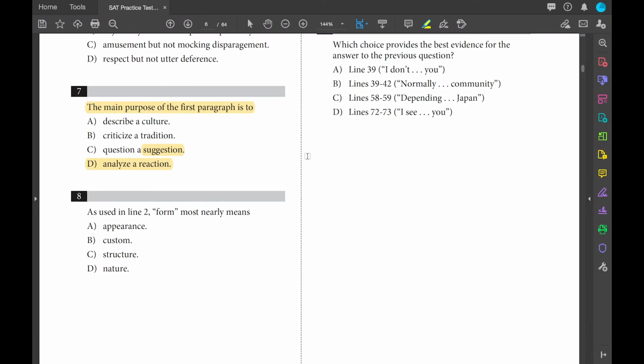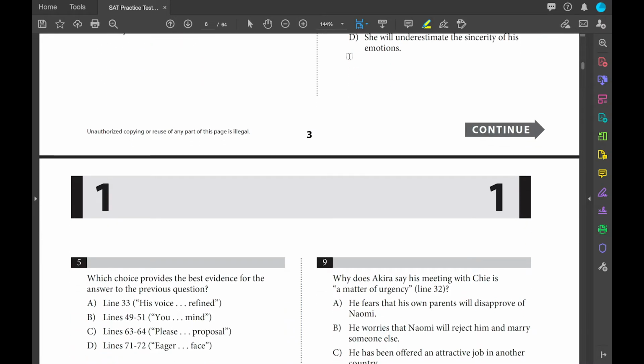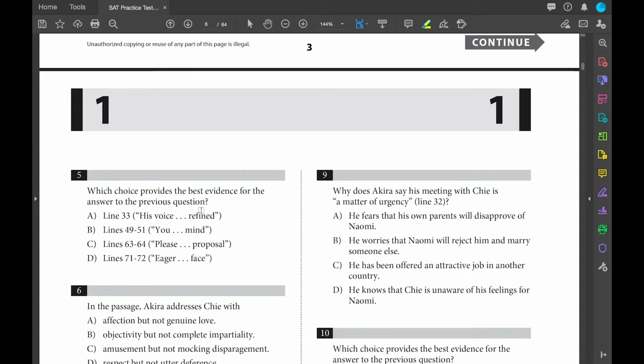So anytime you come across a question on the SAT, like number 4, which reaction does Akira most fear from Chiya? You want to flip down to number 5, or the next one, and if it says which choice provides the best evidence for the previous question, then you know they're a paired set of questions.